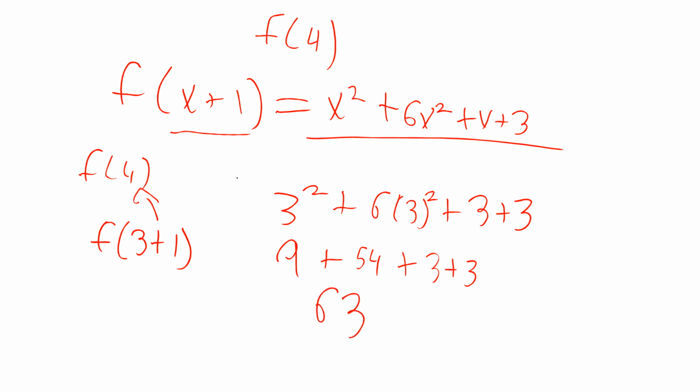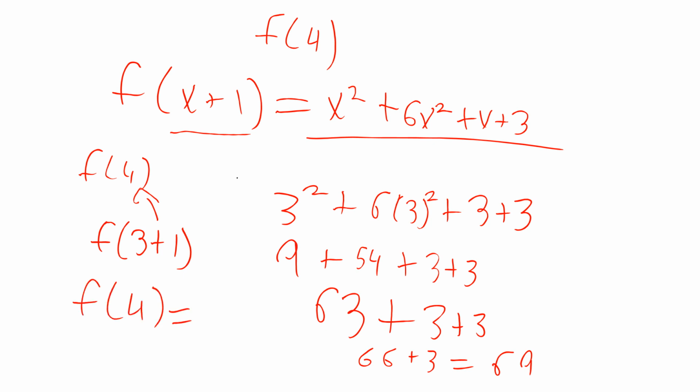Plus 3, 66. And then 69. So when someone tells you f of 4, equal to 69 is our answer.